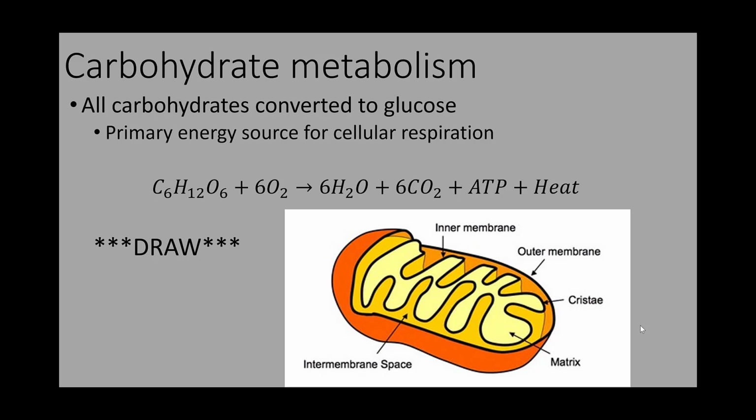But we are going to be talking about glucose today. Glucose is the primary energy source for cellular respiration. Now, some other things do go through cellular respiration, but they do it just a little bit differently. But ideally, we're going to be looking at glucose because that's what our body uses as the primary energy source. And there we have the chemical equation for cellular respiration.